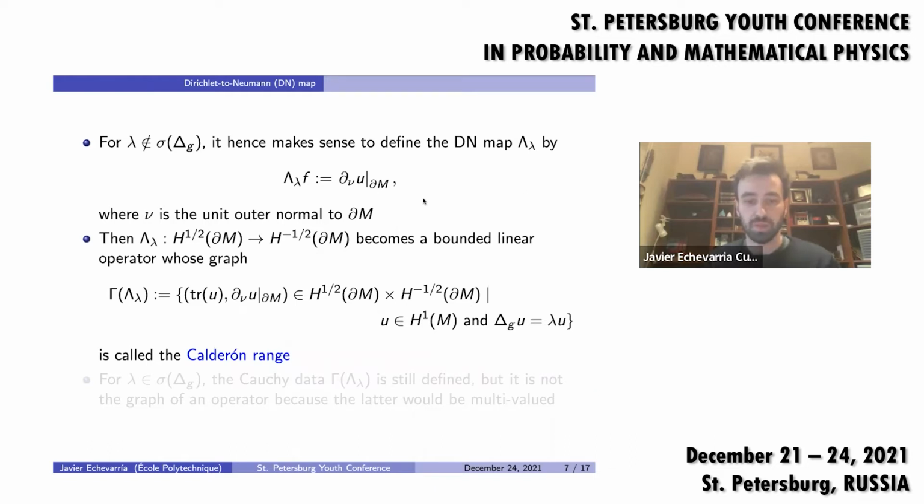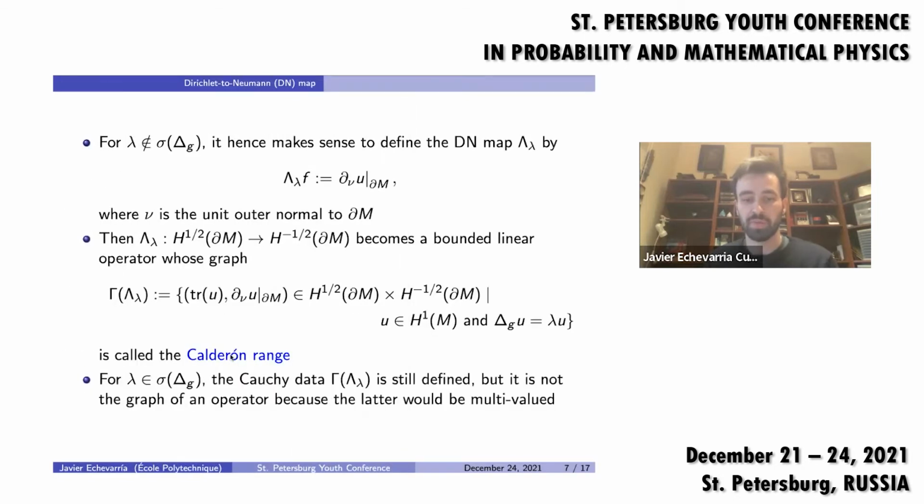So this is the graph of that operator, and I just want to make this point, which is important, is that even if you take lambda to be an eigenvalue, this graph is still defined, right?